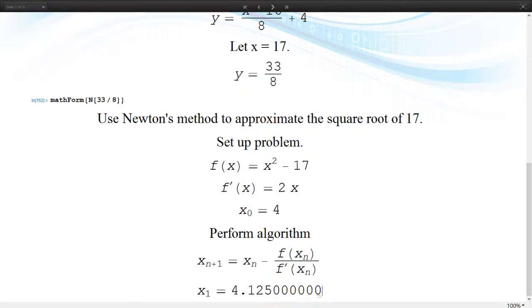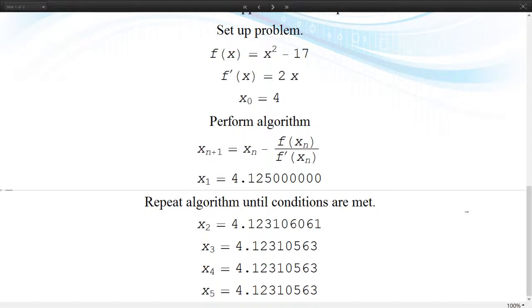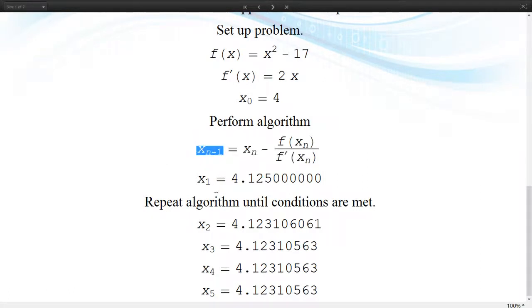So let's see that. We're using this same equation. If we want x sub 2, our second approximation, we plug in our first approximation, x1, and we have f of x1 and f prime of x1. If we did that, we get out this number. If we do it again, we get out this number.